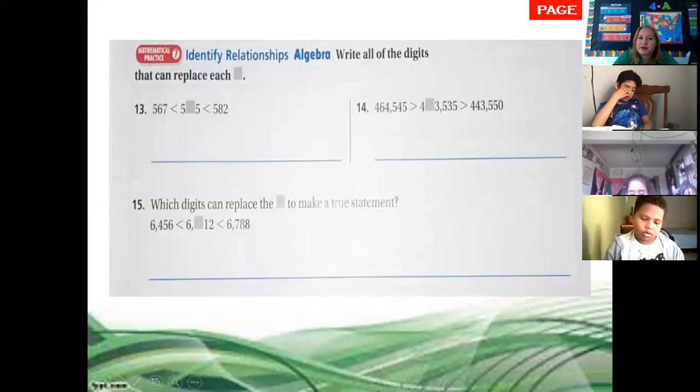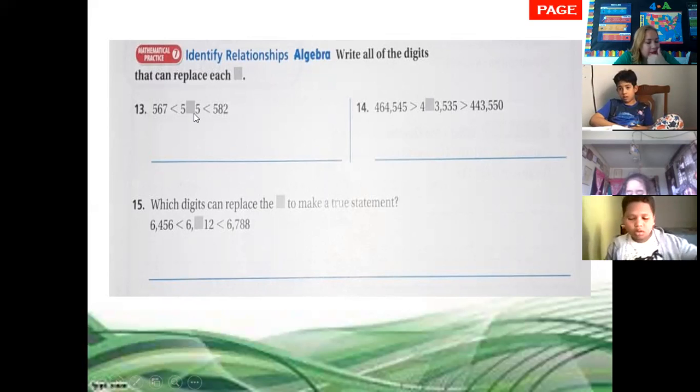Identify relationships. Write all of the possible digits that can replace this box, that can replace this space. The first one.